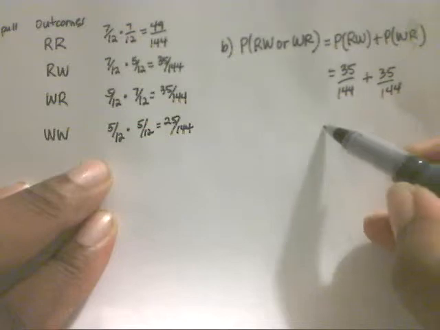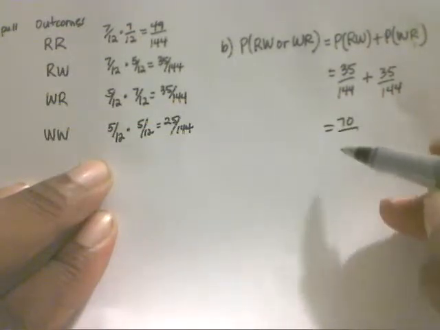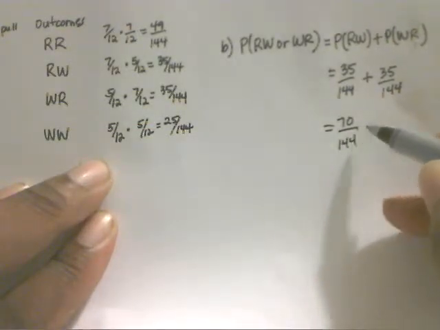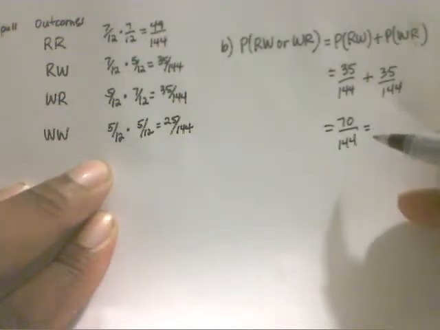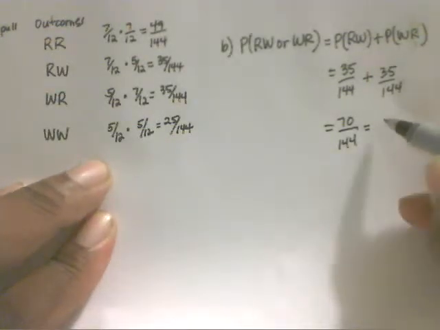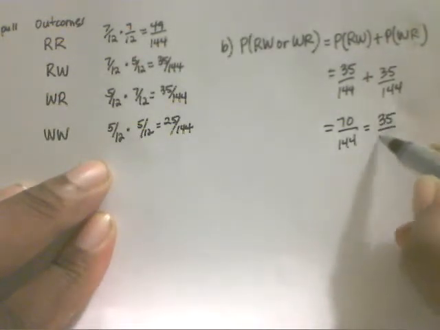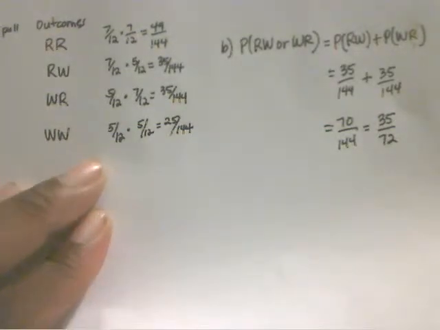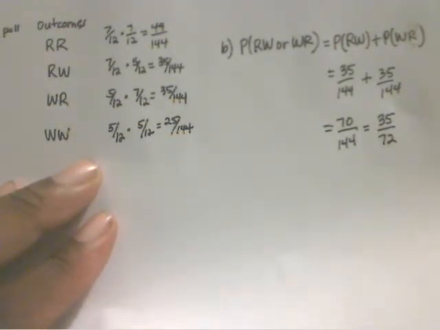And if we add those two, you get 70 over 144. Well, 70 over 144 will be reduced to 35 over 72. So the probability of selecting a red gumball and a white gumball will be 35 over 72.